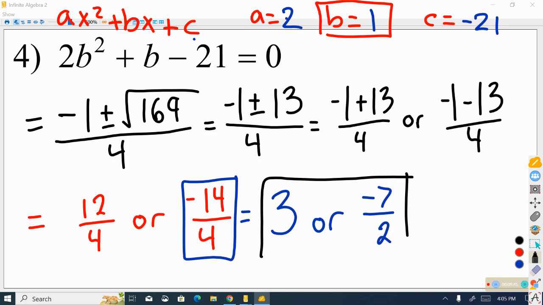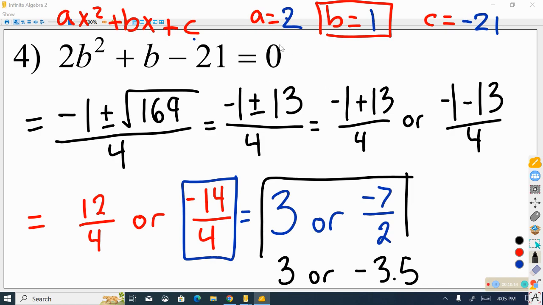We'll keep this one as a fraction, but you should also keep in mind that negative 7 over 2 would be the same thing as negative 3.5. Just for the sake of it, I know today with all the formulas and square roots, nobody really wanted to go look at a graph, but because we have time in the video, I'm going to jump into Desmos and graph this equation for you, 2b squared plus b minus 21, and we're going to find out when it's equal to 0.